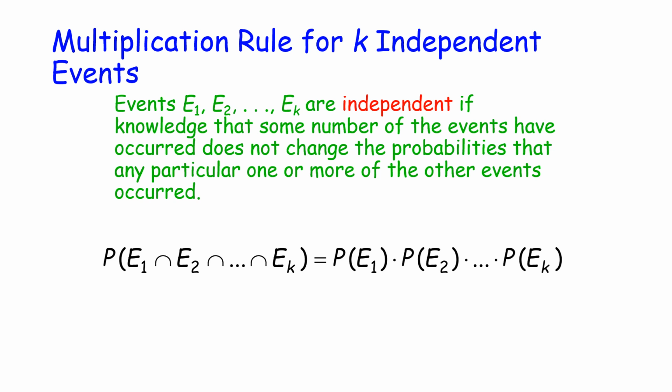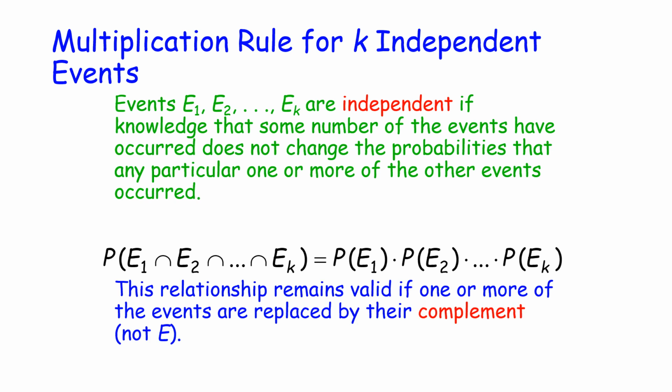We'll have the probability of E sub 1 intersected with E sub 2, intersected with all the way through E sub k. That's just going to give us the probability of E sub 1 times the probability of E sub 2, all the way up to the probability of E sub k. This relationship remains valid if one or more of the events are replaced by their complement, not E.